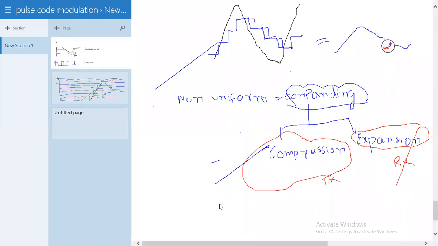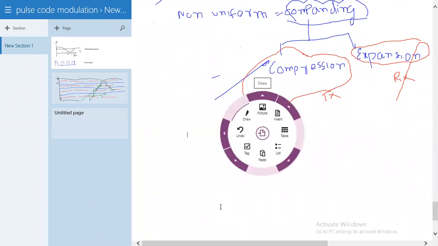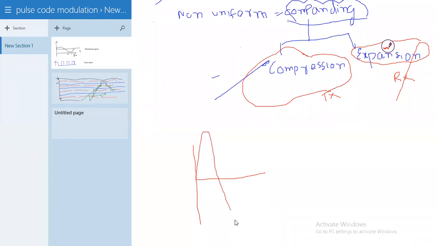So here we can observe that if the large signal is very large, like this, in compression we can reduce the signal.